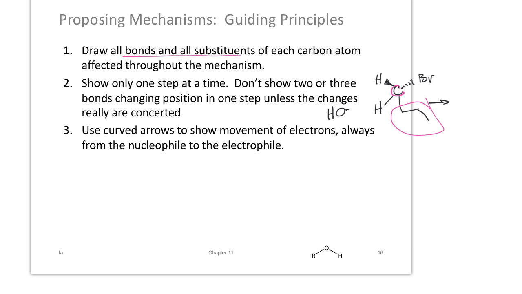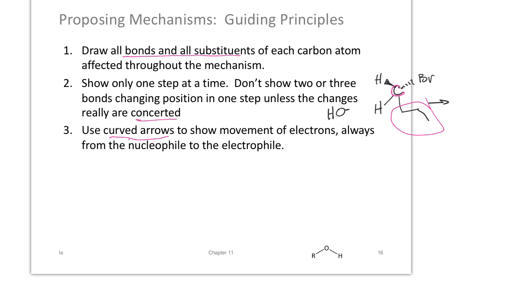Only do one step at a time. So in this particular example, I've got a carbon with a bromine, and it's a leaving group, and I've got a good nucleophile, and so I can imagine that attack, but I'm not going to draw everything at once. I'll use my curved arrows to show one step at a time.